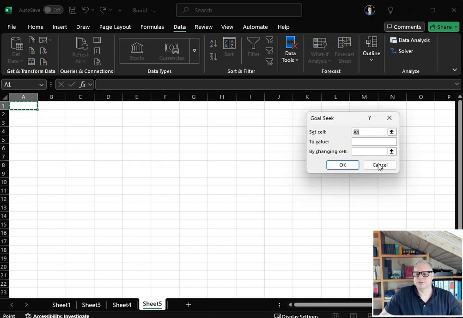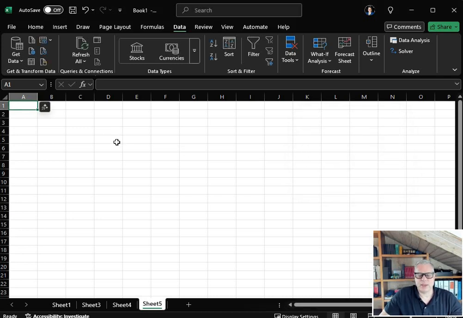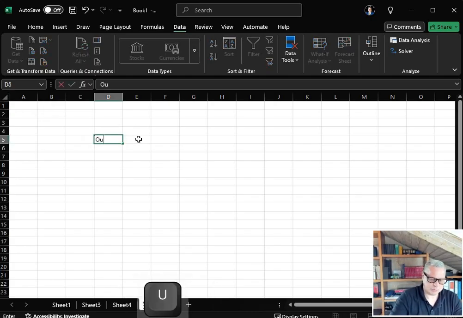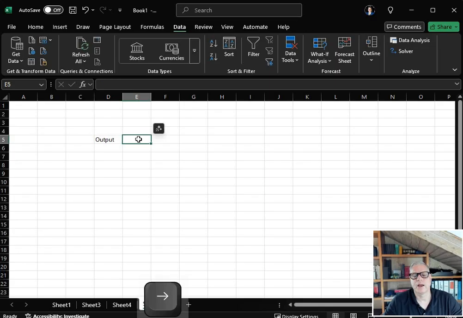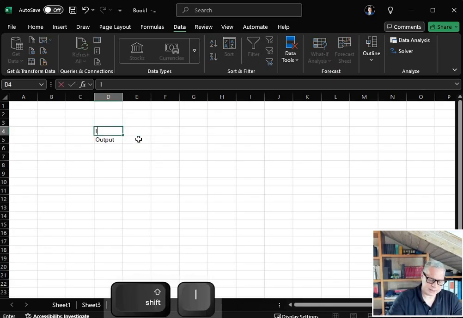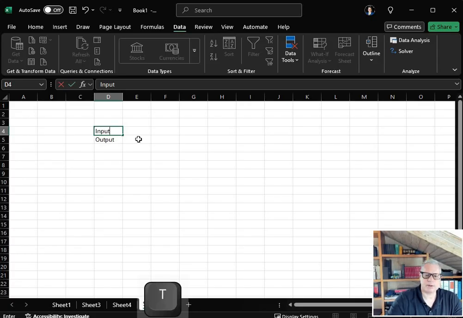Okay, but the first thing that we need to do is we have, let's say, our output cell that we want to have equal to 0. And then we have an input, and the input is our x.